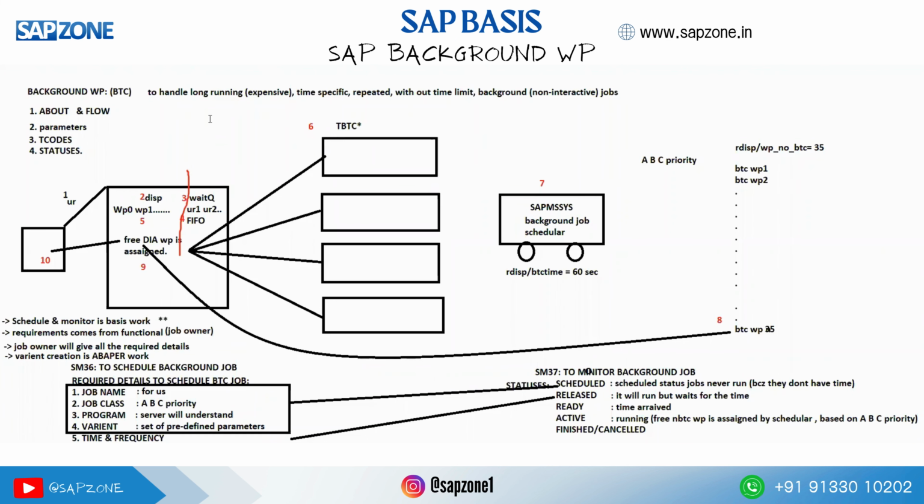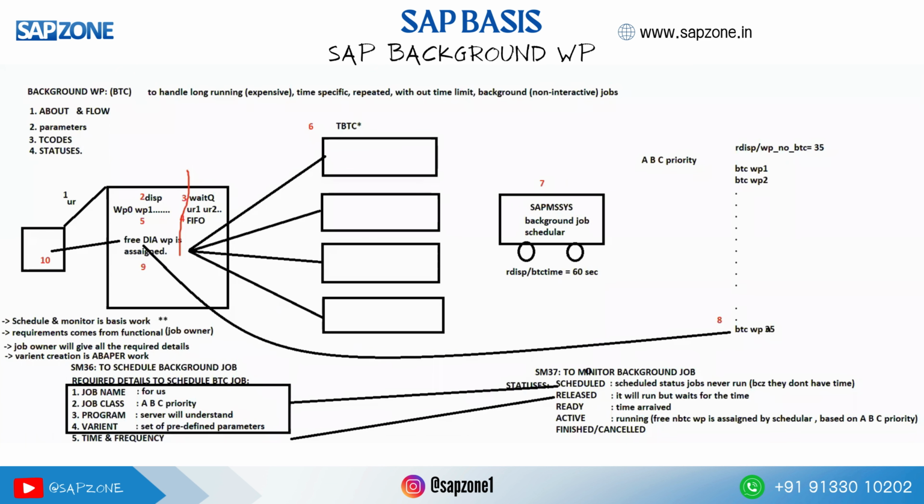This is about the background work process, which handles long running, time specific, repeated and background mode jobs. The T codes are SM36 to schedule the job and SM37 to monitor the job.